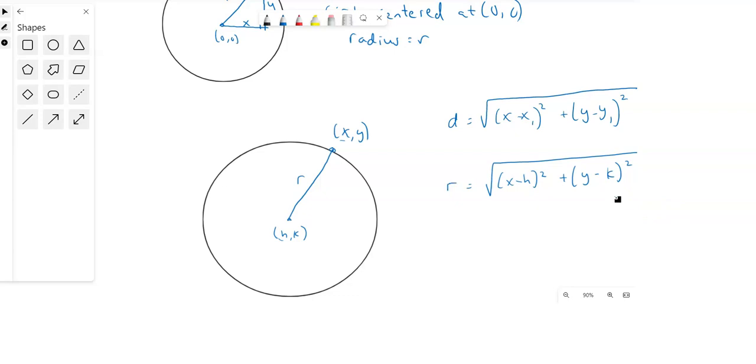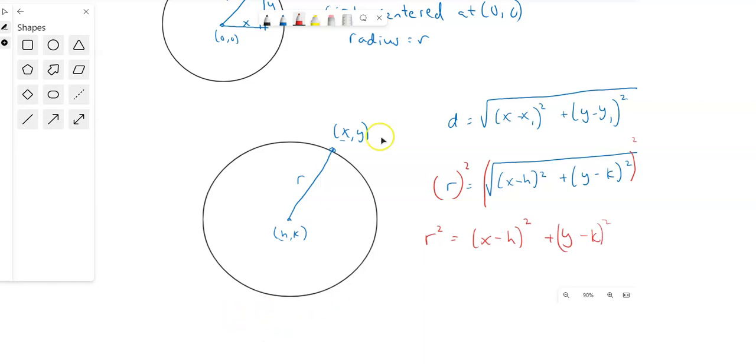All right, so this is really just the distance formula looked at a little bit differently. Now let's square both sides. All right. So square this side, square that side, and I end up with a formula that says r squared equals x minus h squared plus y minus k squared.